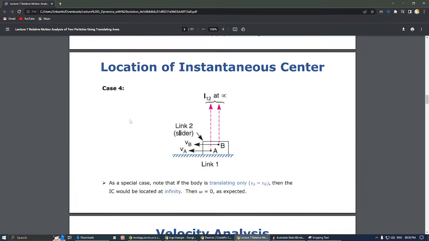And location of instantaneous center. Okay, so here you can see A and B both are moving parallelly. It's a slider, no? So the instantaneous center will be at infinity, because both velocity of A and velocity of B are equal and both are parallel to each other. So if you draw perpendicular to both the velocities, they will never meet, they will be parallel.